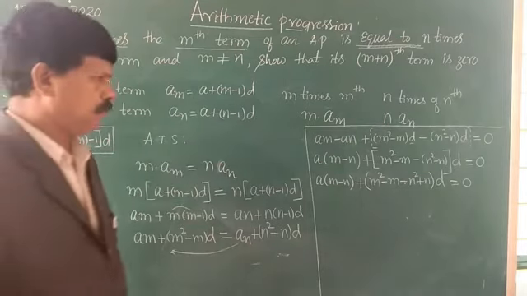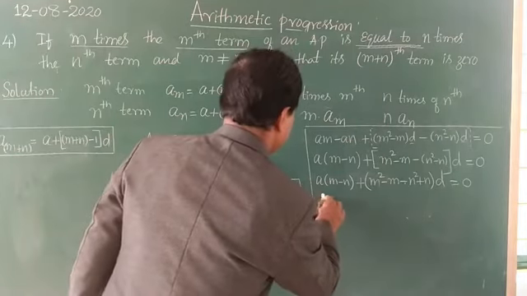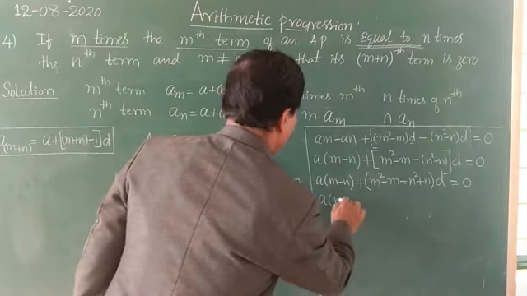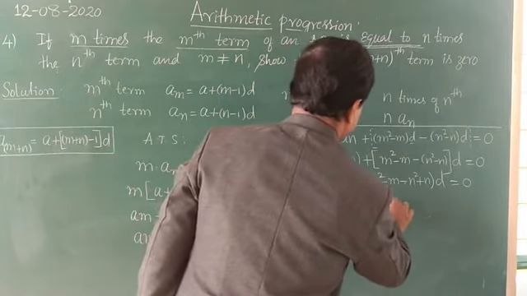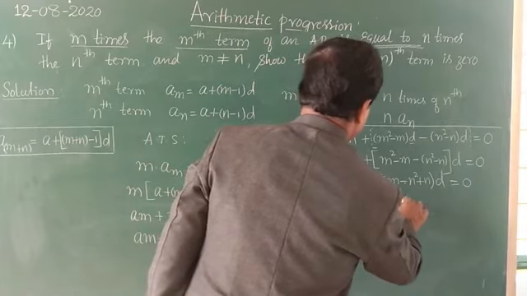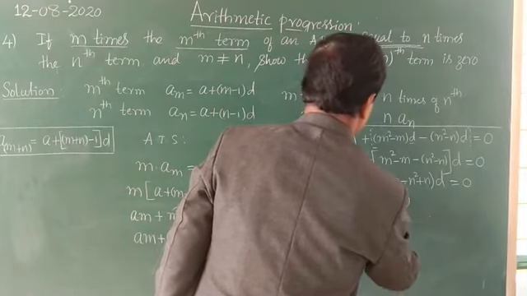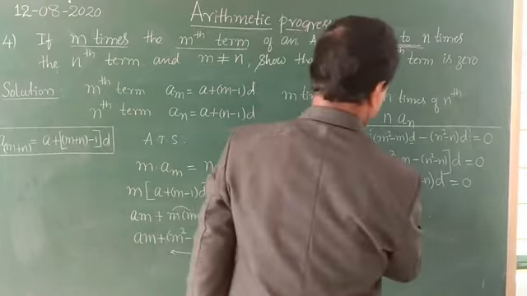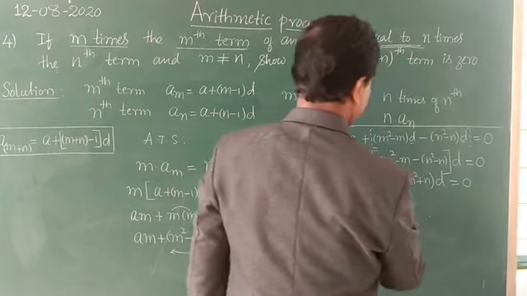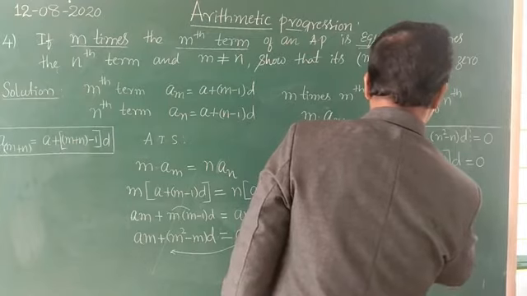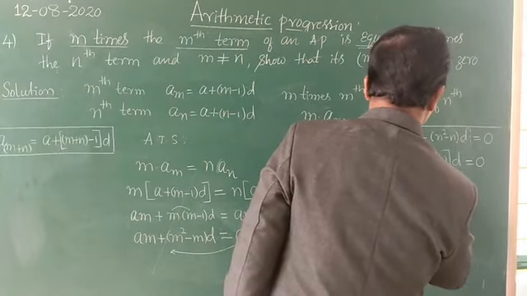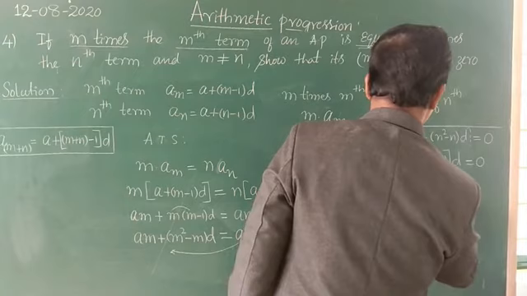Following? Now this is a of m minus n plus m square minus n square, minus of m minus n.